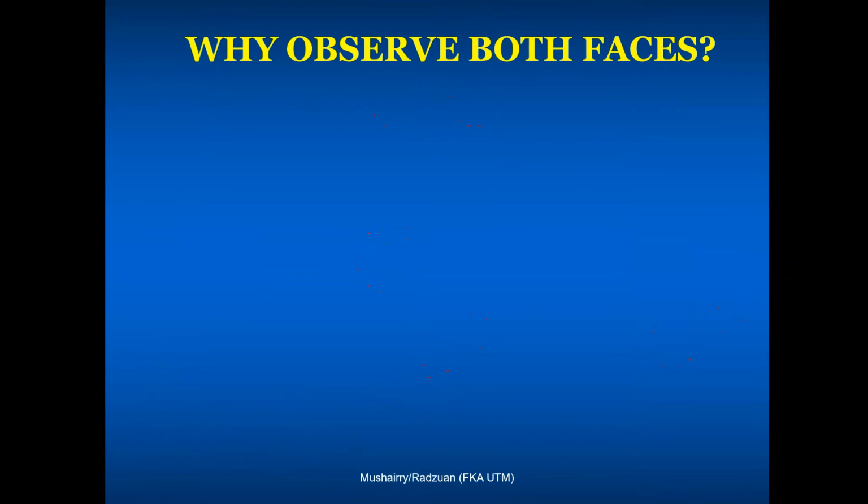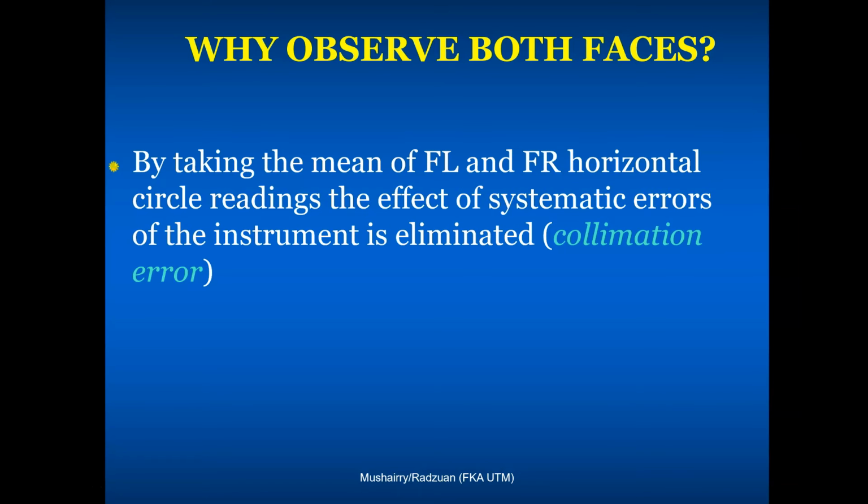So why bother? Why do you have to do all this? Why measure it twice, on both faces? By taking the mean of the reading on left and the reading on right, you can basically eliminate the collimation error.